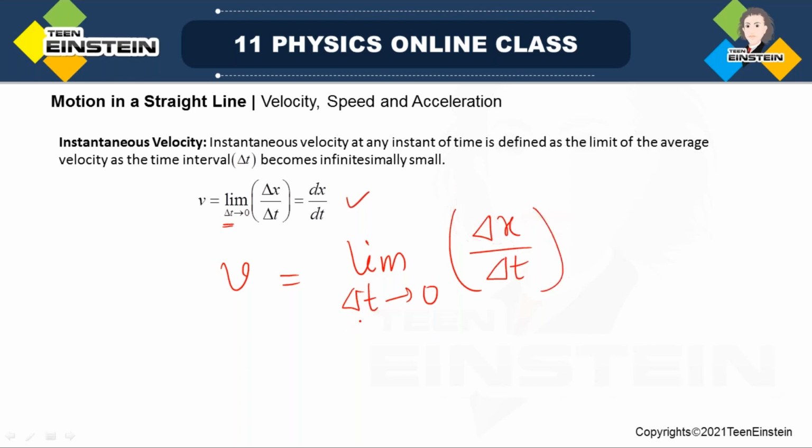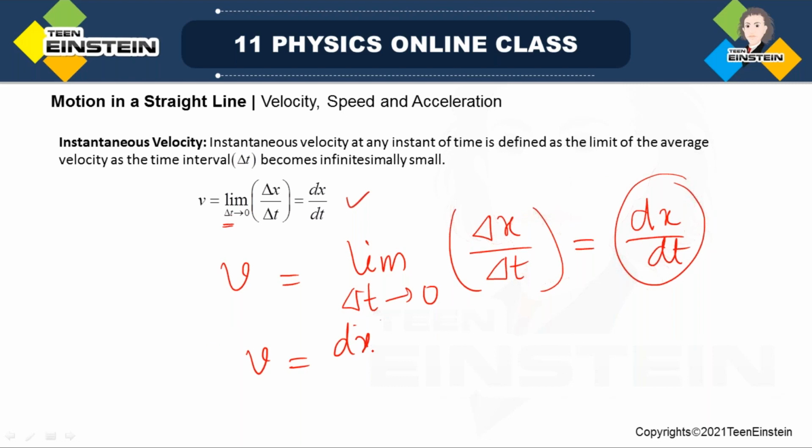In the language of calculus, this can be written as the total derivative dx by dt. So hereafter, whenever we talk about instantaneous velocity, we'll be writing dx by dt.